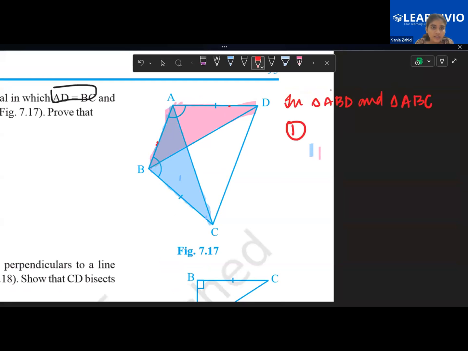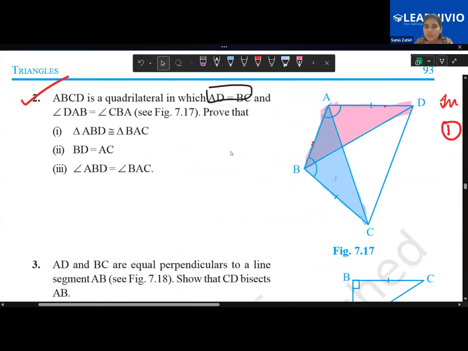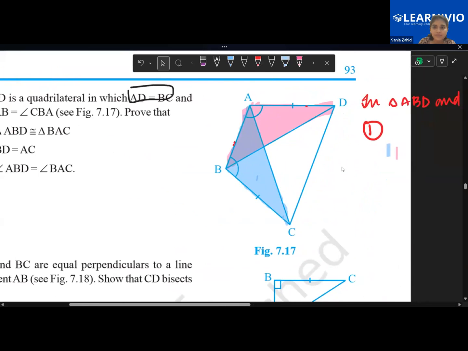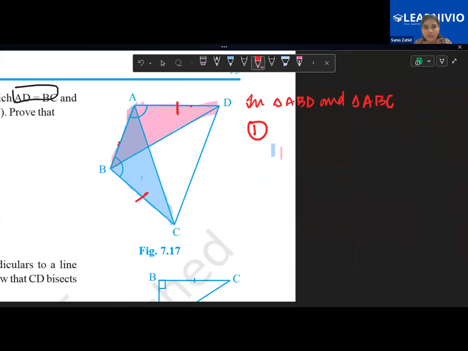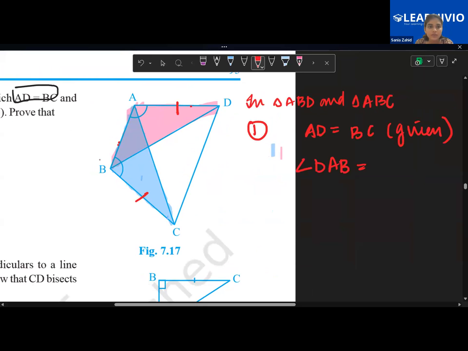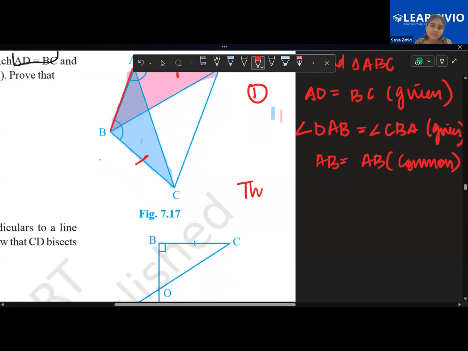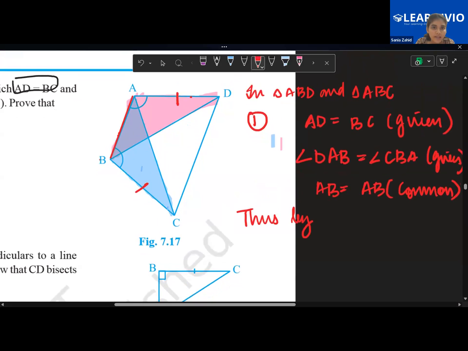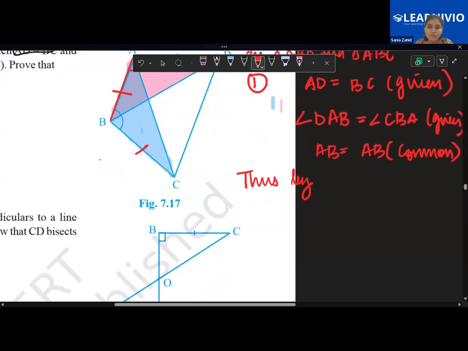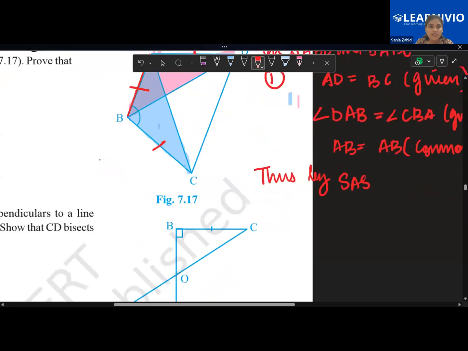The first point is that this side, they are giving you AD is equal to BC. So this side is equal to this side, so we'll write AD is equal to BC, because it is given in the question. Then you will write angle DAB is equal to angle CBA, because that is also given. The next is that this side is common for both the triangles, so you will write AB is equal to AB, the common side. Then you will write thus by which congruency? You have a side, then an angle, then again a side. So you write by SAS congruency, the two triangles are congruent to each other.